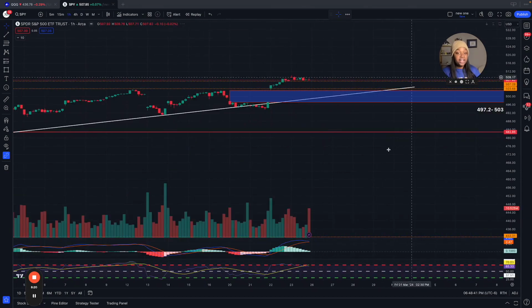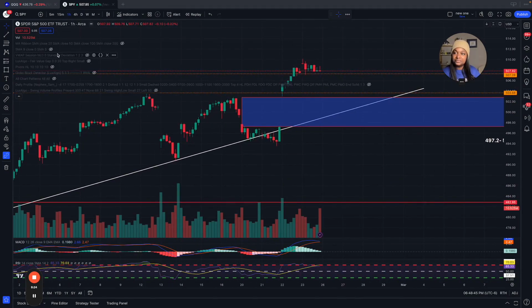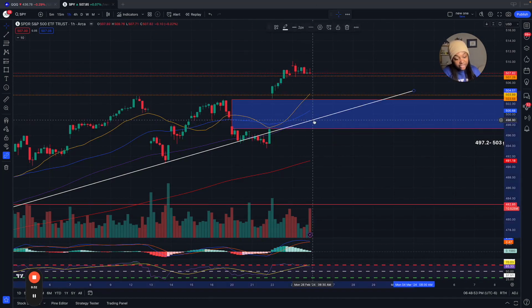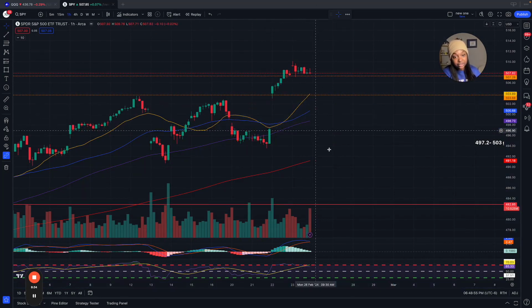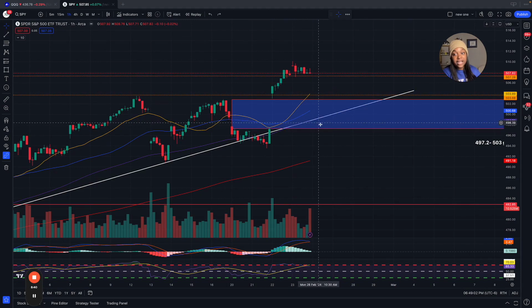All right. If I come down here to my hourly, what do y'all think is going to be down here? Well, right in line with my trend line right there, the purple is actually my 100 moving average. Maybe it'll hold the trend line. But if it does not, again, I will look at this low here, so about 494.